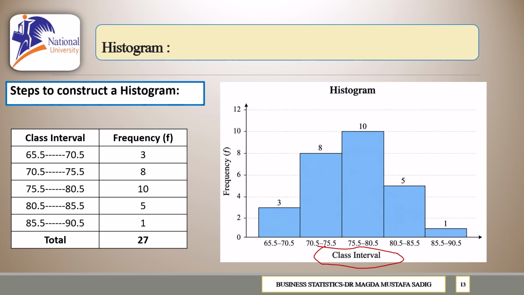Next, draw the vertical axis and label it with the frequencies. It's like this. For each class, draw a rectangle. The width represents the class interval. The height represents the frequency. Remember, the bars touch each other because continuous data have no gaps. This graphical representation provides a quick visual summary of the data.